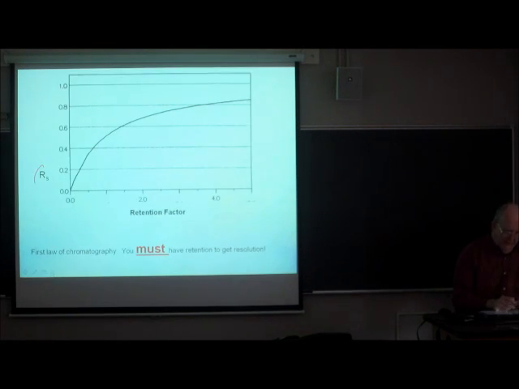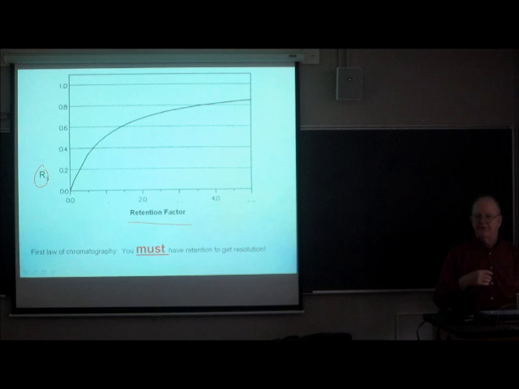Here's what a plot of the resolution versus retention factor looks like. Doesn't matter what n is, it doesn't matter what alpha is, the plot looks like this. It goes up very rapidly, starting at no retention, and it rolls over and flattens out. And if the retention, this is 5 here.